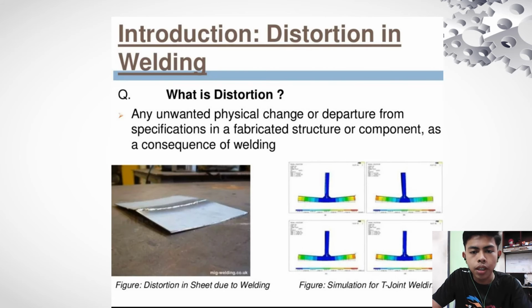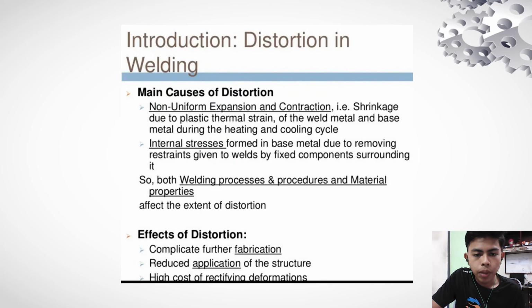First, what is distortion? Any unwanted physical change or departure from specifications in a fabricated structure or component as a consequence of welding. Main cause of distortion: non-uniform expansion and contraction.